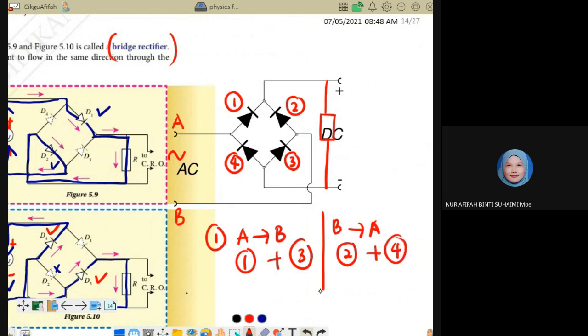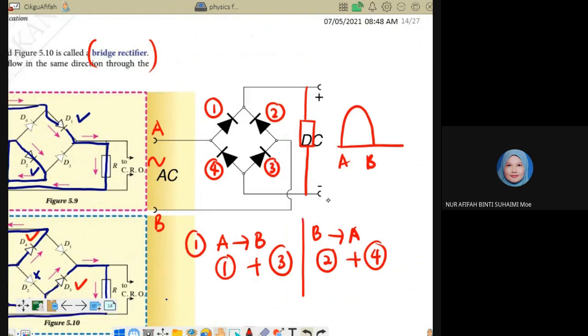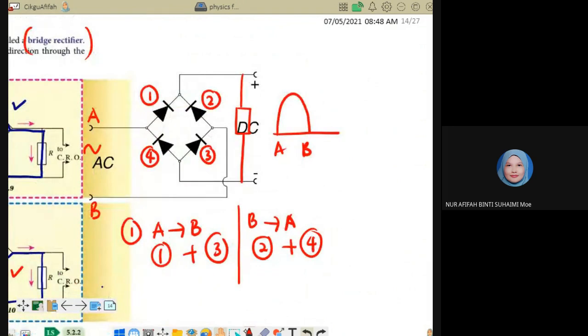Okay, it will alternate. So the graph for the positive half cycle, from A to B, comes like this. Okay, positive. And then, not enough space. Okay, and then for B to A, B back to A, the graph is also positive.